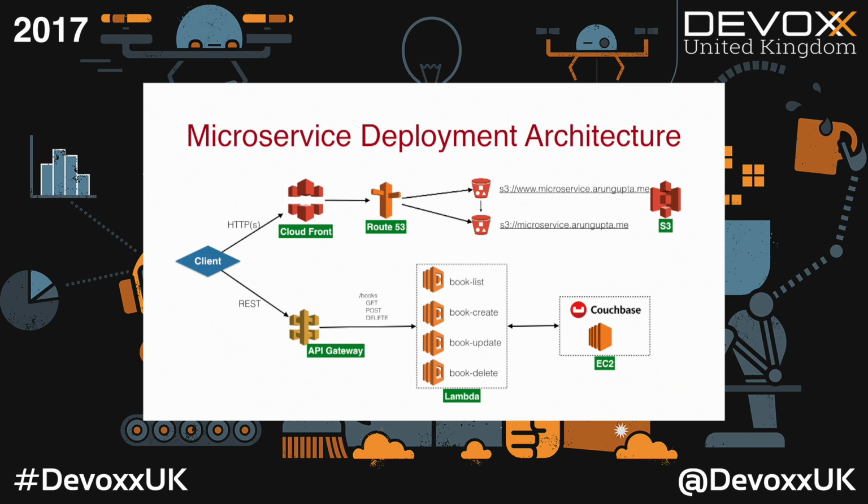Or if they're calling a static page, which could then redirect to the API gateway, that could go to CloudFront, which is basically your CDN, so that the page is served instantly in your zone. Then you can have your domain name server here, and then this could go to your S3 bucket. So essentially, with your S3 bucket hosting your HTML and JavaScript code, your second level being API gateway, the third level being your serverless, and then the fourth level being your database living anywhere on AWS, that is what gives you a complete microservice deployment architecture.